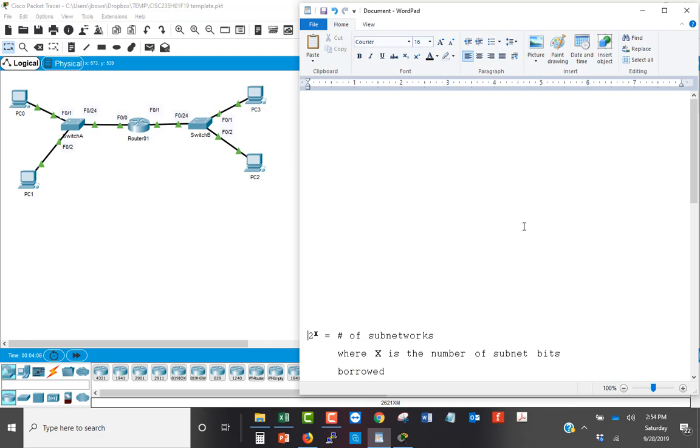Let's start off by just making sure that we understand the formula of 2 to the x equals the number of subnetworks, where x is the number of subnet bits that we borrow.